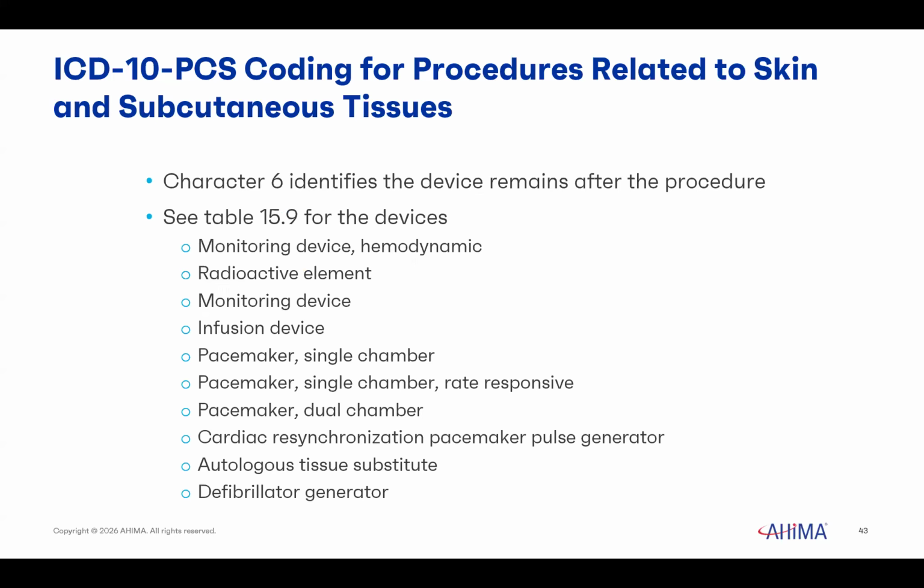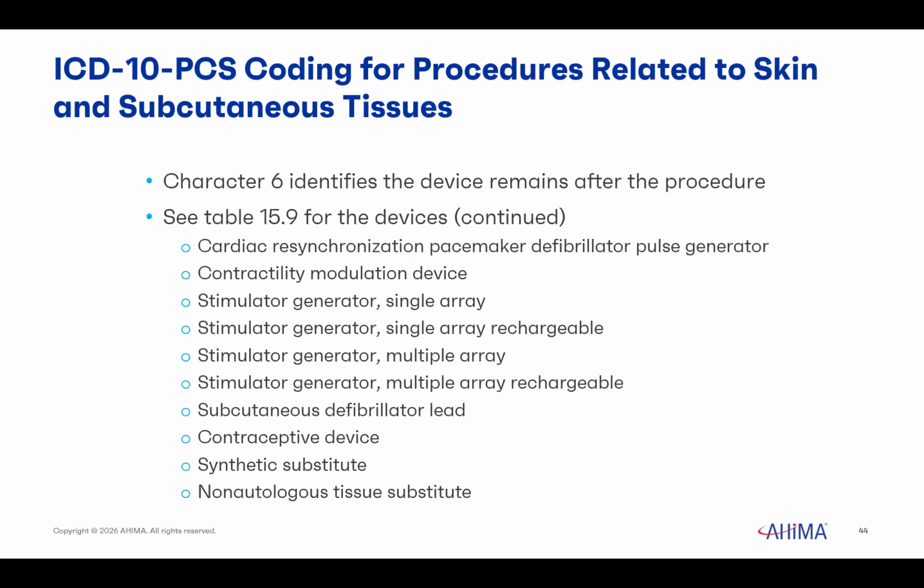The sixth character identifies the device, and you can see them listed here. You can also see them listed on table 15.9. And again, if no device is left, the correct value is going to be Z for no device. And again, you can see more of these devices.